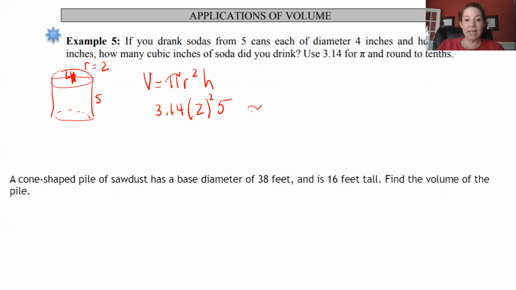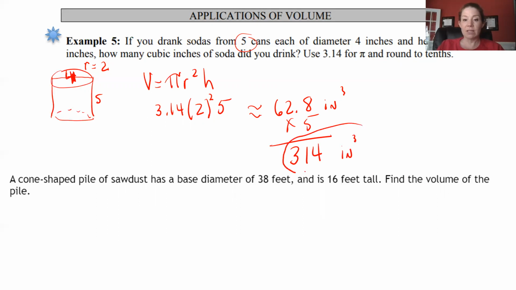So each can is about 62.8 cubic inches, but then we drank 5 of them. So we're going to multiply that number times 5. So we had about 314 cubic inches of soda, which is a lot of soda. A lot of soda.